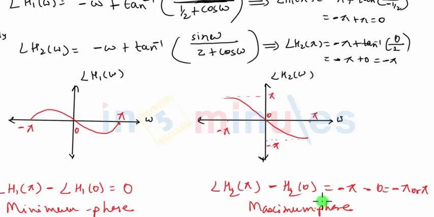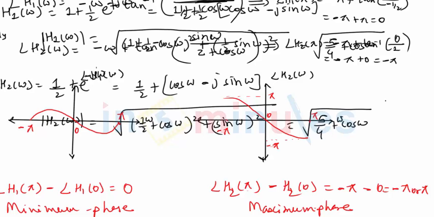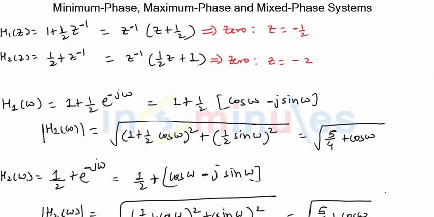So we have got minimum phase and maximum phase. The first system that we started with, H1(z), turns out to be a minimum phase system, and the second system that we considered turns out to be the maximum phase system because of the difference between the phase values at 0 and pi.